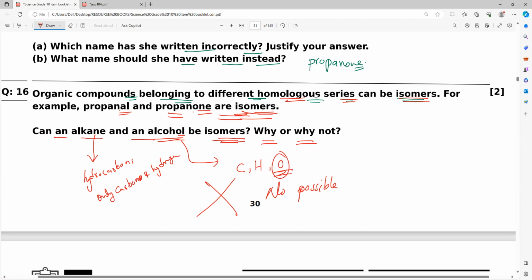Alcohols definitely have oxygen, and alcohol is a derivative of alkane. So they cannot have the same general formula. So 100% they cannot be isomers. Please write. No, they cannot be isomers. It is not possible, because alkanes have only carbon and hydrogen, while alcohol along with carbon and hydrogen also contains oxygen. So no same formula, so they will never be isomers. Write it.